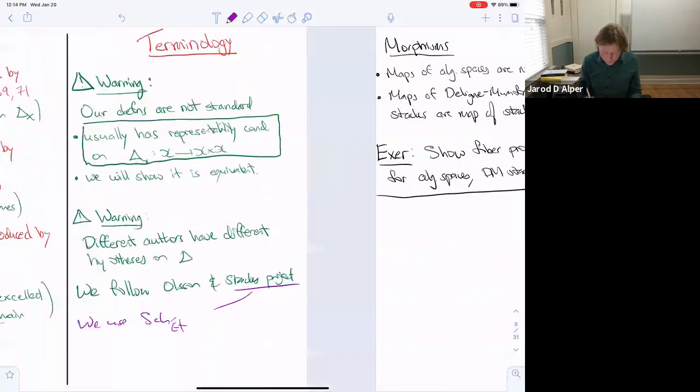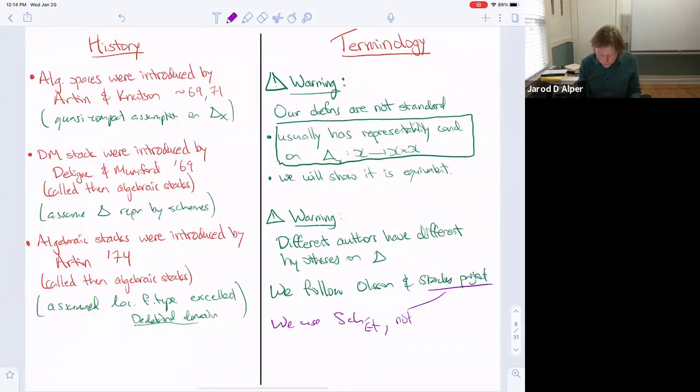Whoops, not the fppf topology. Okay, that was a mouthful. If you're seeing this for the first time, just ignore all these various hypotheses on the diagonal or whatnot, and take those three definitions as the main objects. I'll pause here for questions.